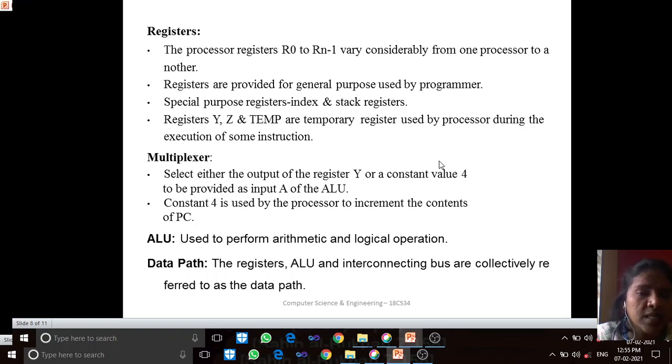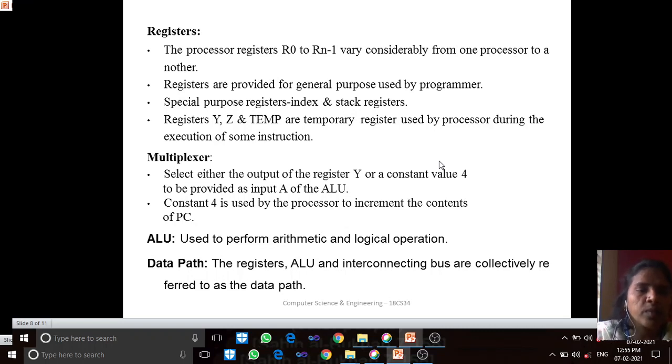Because we assume a 32-bit word length. 32 bits means 8 4s are 32, so 4 bytes are stored in every consecutive location. Hence, if the first location is say 1000, the next consecutive location will be 1004, and the next will be 1008. So if the IR stores 1004, then the PC will store 1008. If the IR stores 1008, the PC will store 1012. This is how it works.